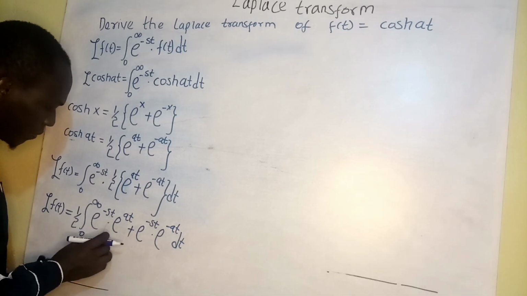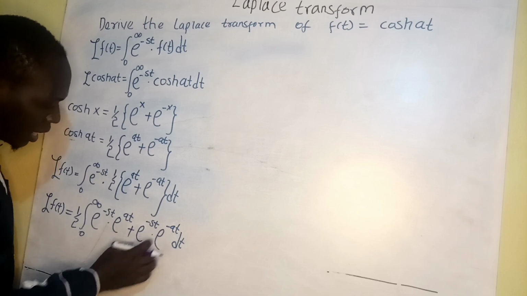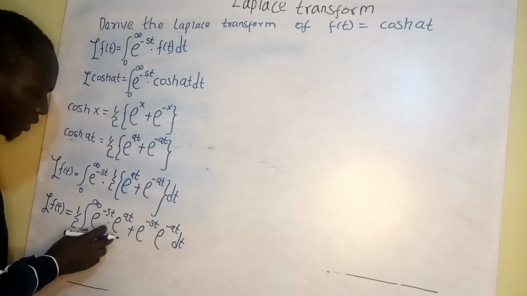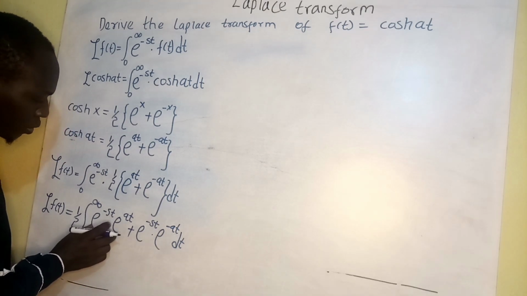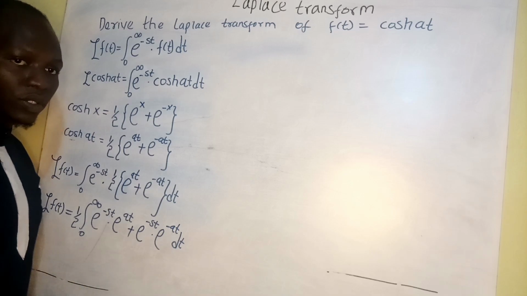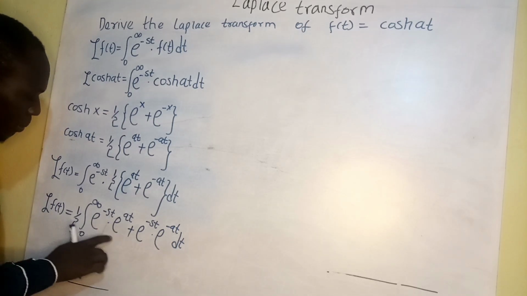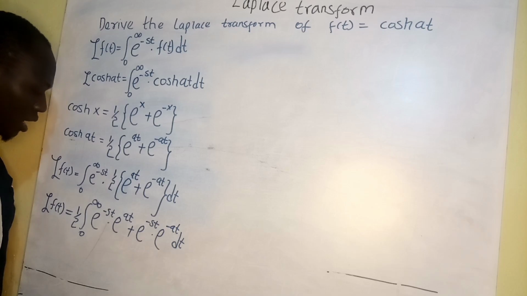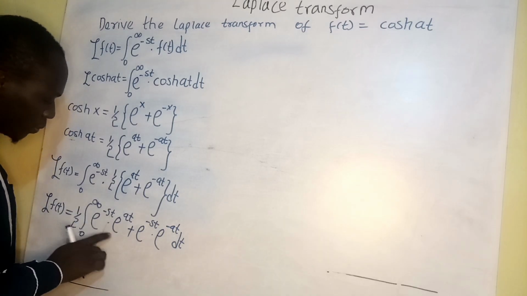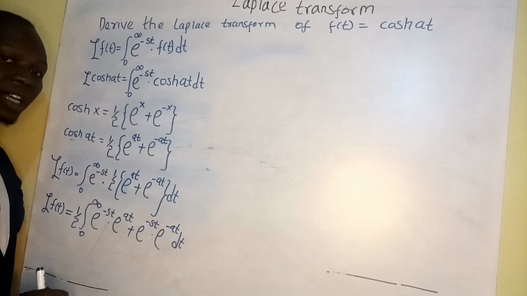From this point, we need to simplify whatever we have. For the simplification of these two products, we are going to use the laws of indices. It says that when the bases are equal and it is a multiplication, we take one of the bases and add the powers.